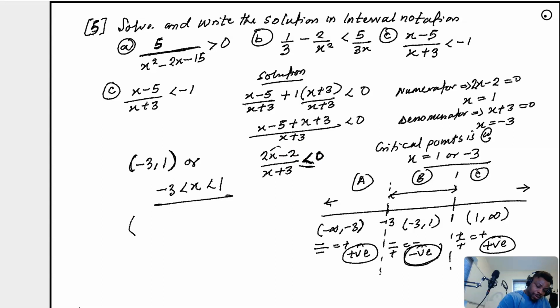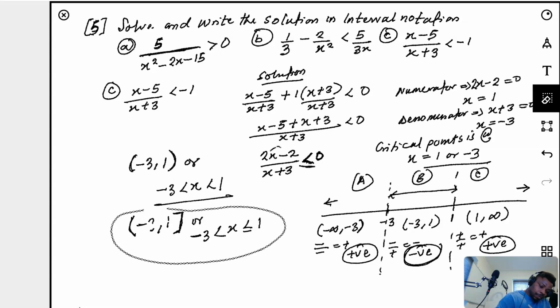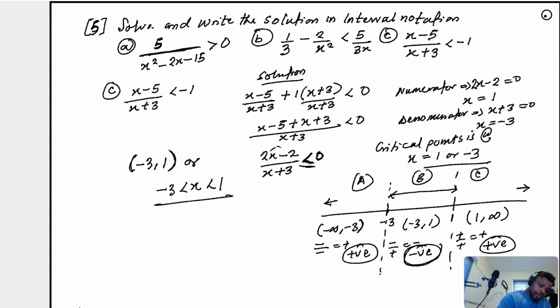So that will be written like this, you can see this bracket, or it can be this, because now 1 is inclusive. But that is not the case that we have, so I will take it out. So that is our answer.